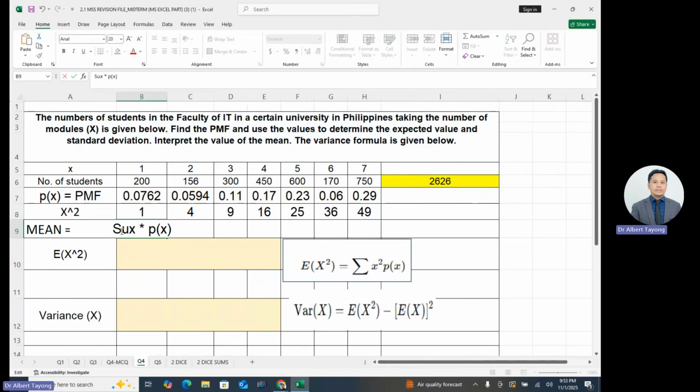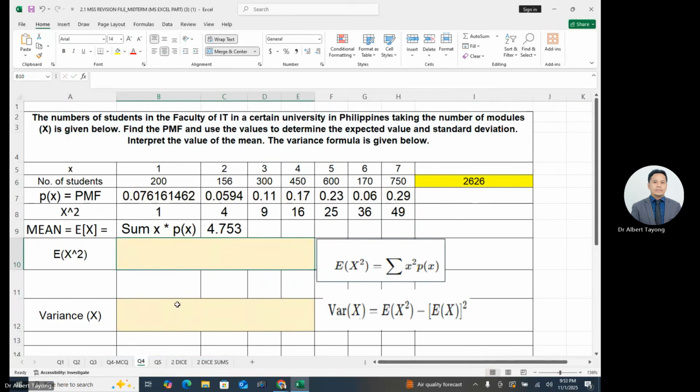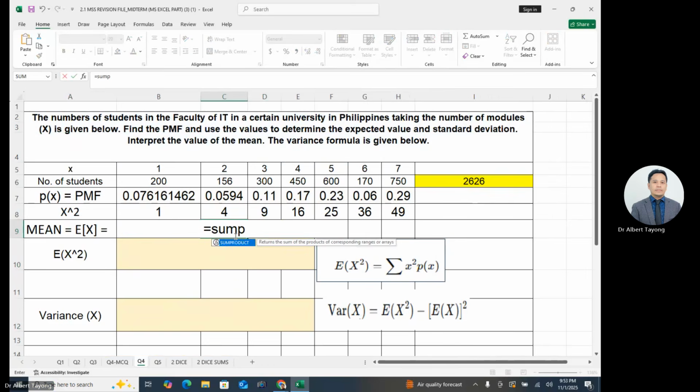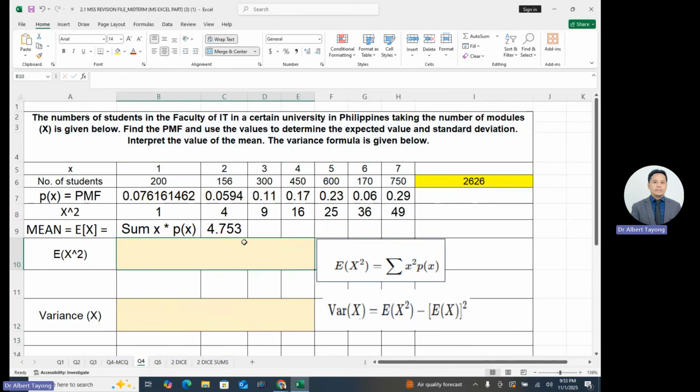Don't forget summation of x times p of x. So that is why here we have sum product. We select first the x, comma, select the p of x, the probabilities, enter. So that's 4 point something.